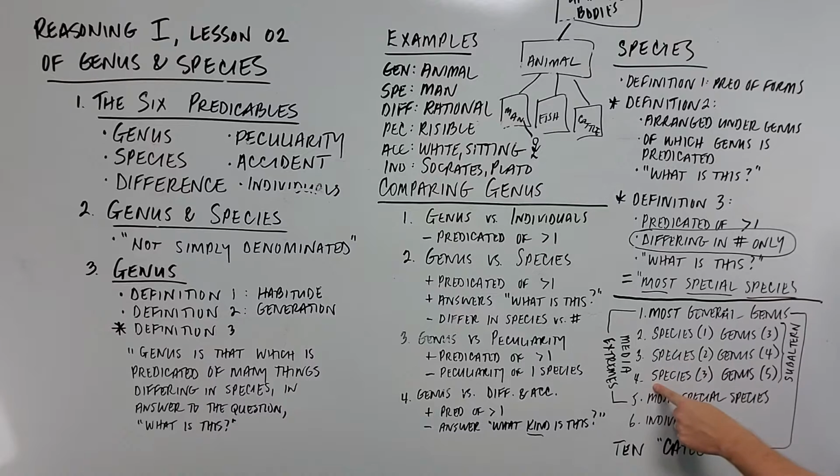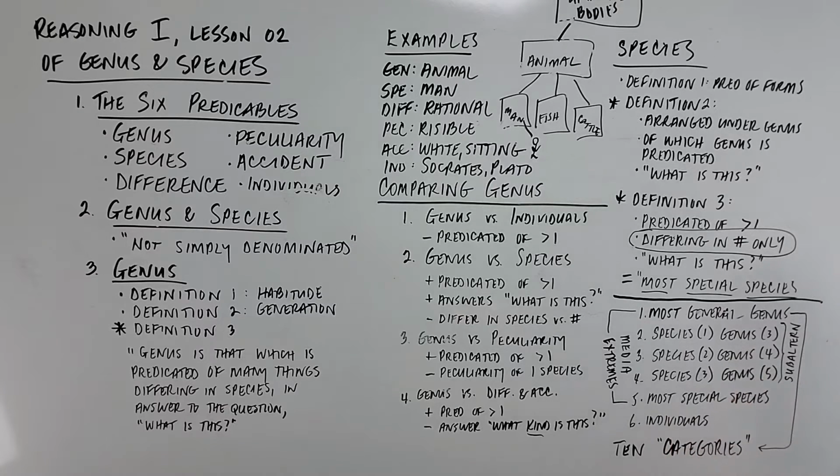And that continues until we reach the most special species. And the most special species contains only individuals. The most general genus, there's only 10 possible most general genera, and those are called the 10 categories of Aristotle. Okay?